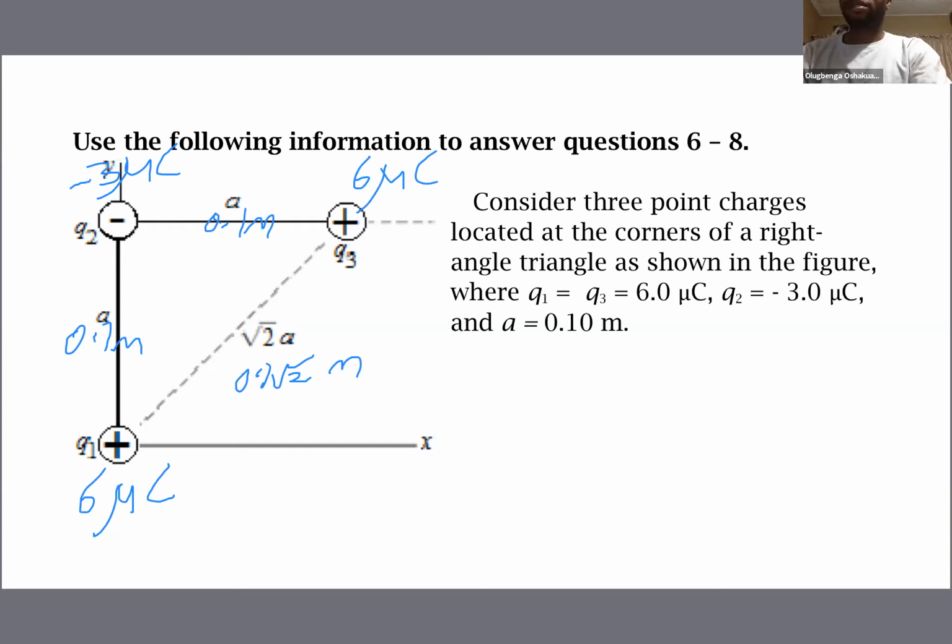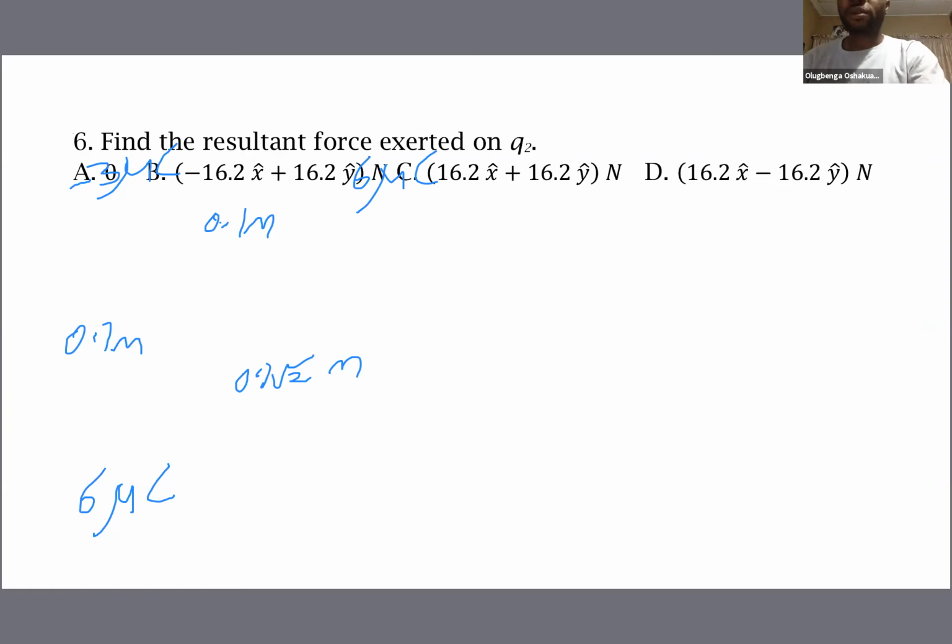And moving forward, find the resultant force exerted on Q2. So the question is, what is F2, the resultant force exerted on Q2?